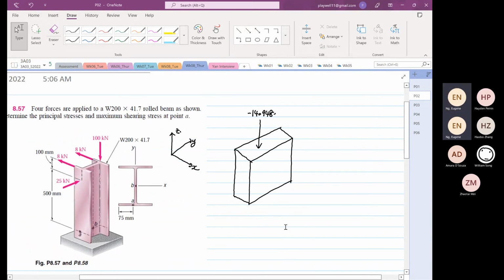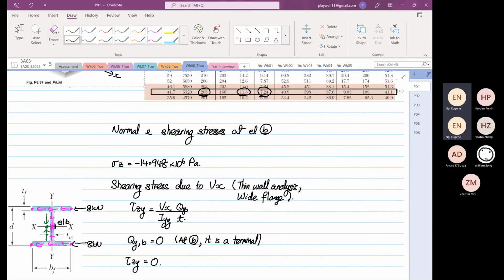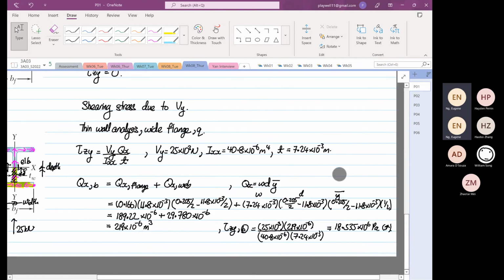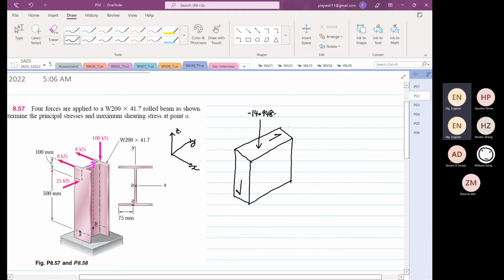We know that the shear flow at point B is traveling in this direction. Can you see the pink arrow I've just drawn? So when that's the case, this is the direction of the shear. For this case, the shear will be equal to 18.535 times 10 to the power 6, or I'll just call this megapascal.